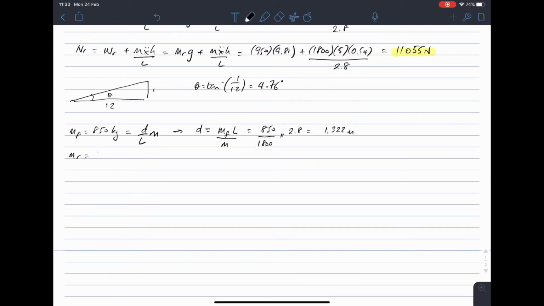Okay. MR, the same way. MR is 950, which is Cm upon L. So C equals MR L divided by M: 950 divided by 1800 times by 2.8.